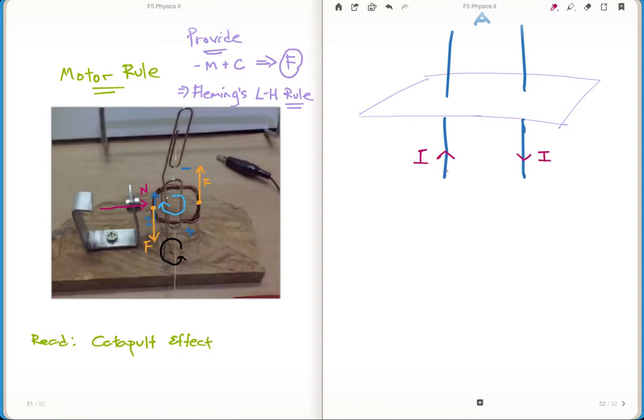Okay, so in my previous video I showed you how to determine the magnetic field. The strength of the magnetic field is determined by the pattern: the closer the pattern, the stronger the field. I'm sure you know that by now.